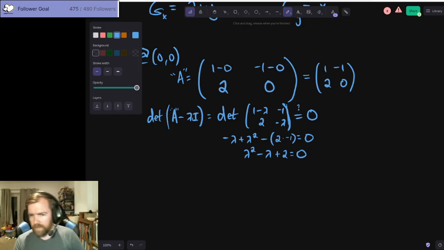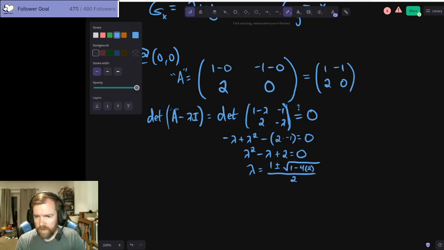Yeah, okay, good. So we plug that into the quadratic formula, get a plus 1 plus or minus the square root of b squared, which is 1, minus 4 times a times c, which is 2, all over 2. That gets us 1/2 plus or minus the square root of 1 minus 8, which is a negative 7, so that's i root 7 over 2.